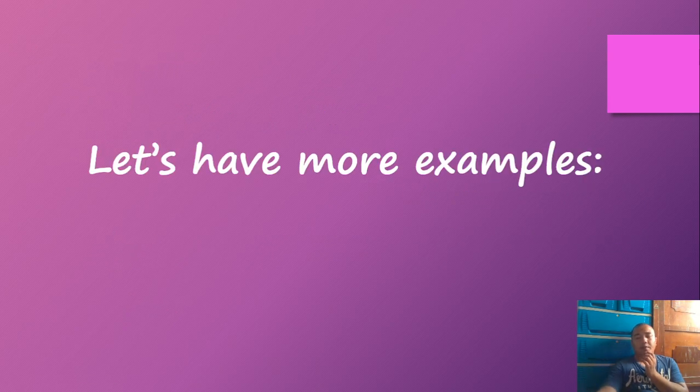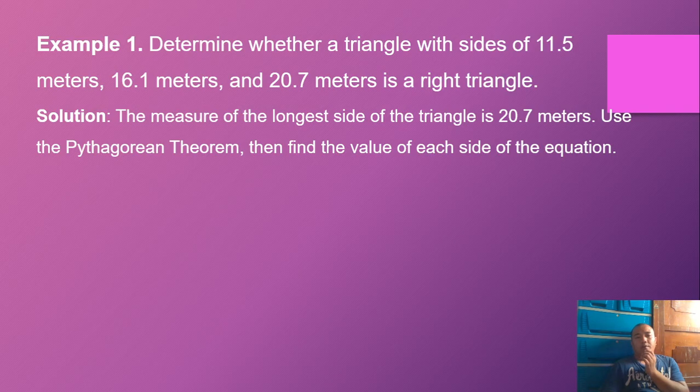Okay, let's have more examples. Number 1, determine whether the triangle with sides of 11.5 meters, 16.1 meters, 20.7 meters is a right triangle. So the measure of the longest side of the triangle is 20.7 meters. Let us try to use the Pythagorean Theorem. Then find the value of each side of the equation.